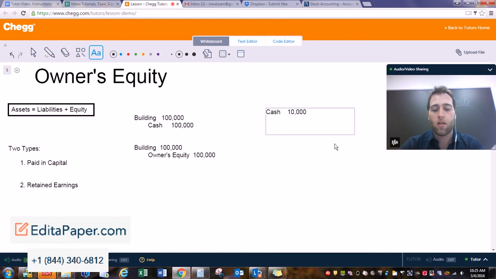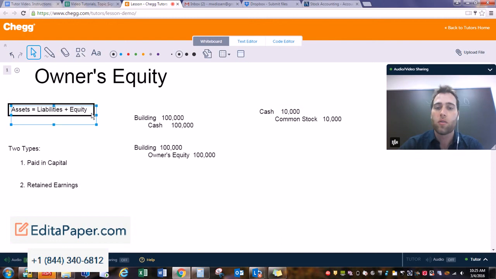And then we want to credit common stock for $10,000, because when you sell stock, you want to credit it. So that common stock is part of owner's equity. So we're increasing equity when we sell that stock, and we're going to increase it by $10,000.